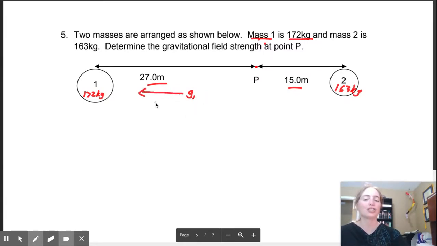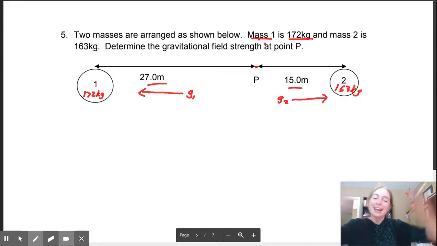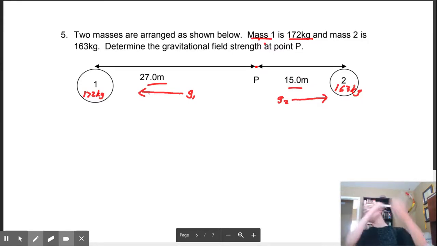Its direction's going that way towards that mass. I'm going to make this G2 for object 2. Well, it's pulling towards that mass. So point P is going to be experiencing two different forces. It's going to be experiencing G2 and G1 in opposite directions. Because these are vector fields, we can add them the same way we would add any vector, which is awesome.